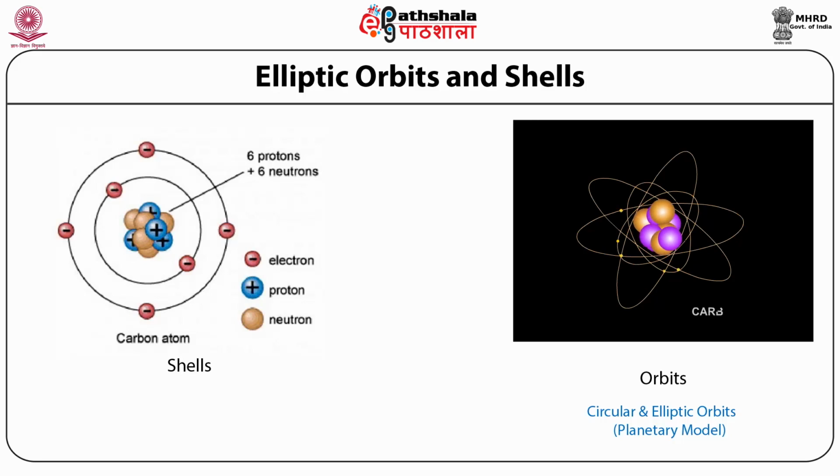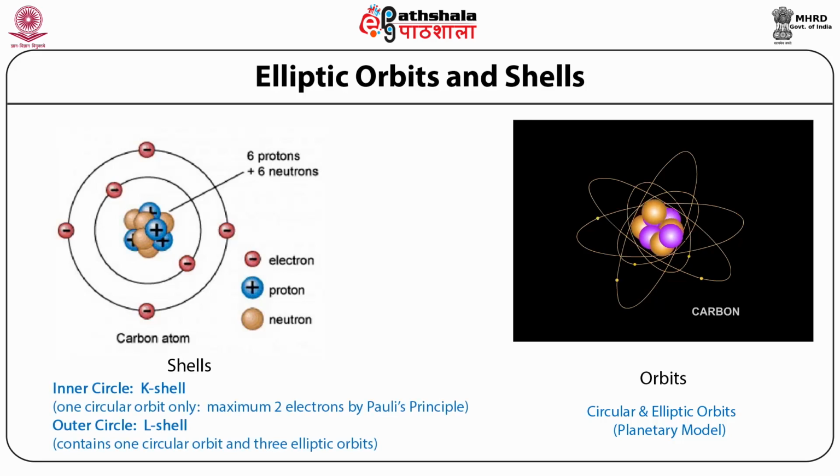You can see clearly that the K shell can accommodate 2 electrons, and the L shell can accommodate the remaining 4 electrons, because the carbon atom has 6 electrons, two of them in the K shell and the remaining 4 in the L shell, which can accommodate up to 8 electrons.